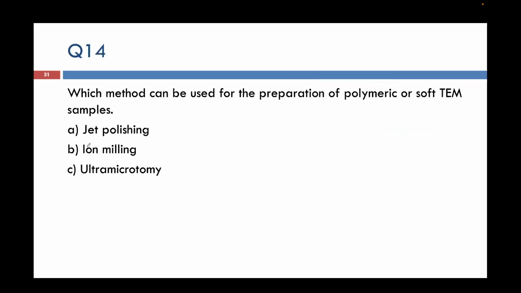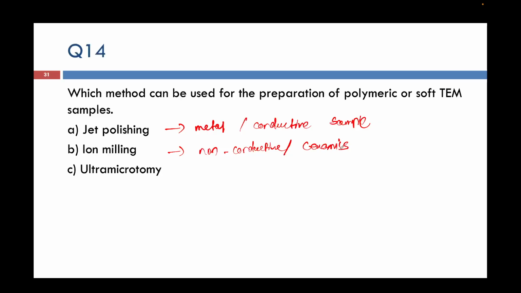Which method can be used for the preparation of polymeric or soft TEM samples? Jet polishing, ion milling or ultramicrotome? Jet polishing we use predominantly for metal or conductive samples. Ion milling we use predominantly for non-conductive or ceramic samples.